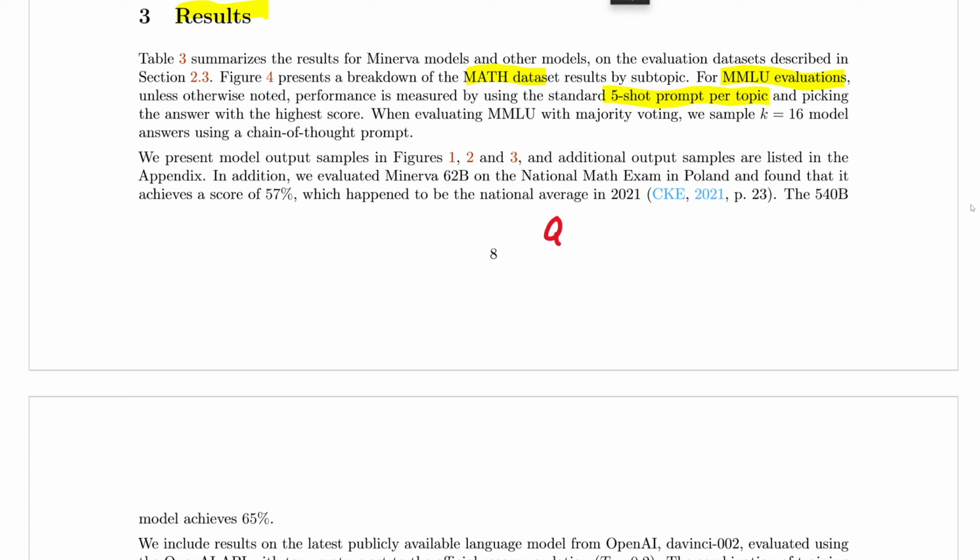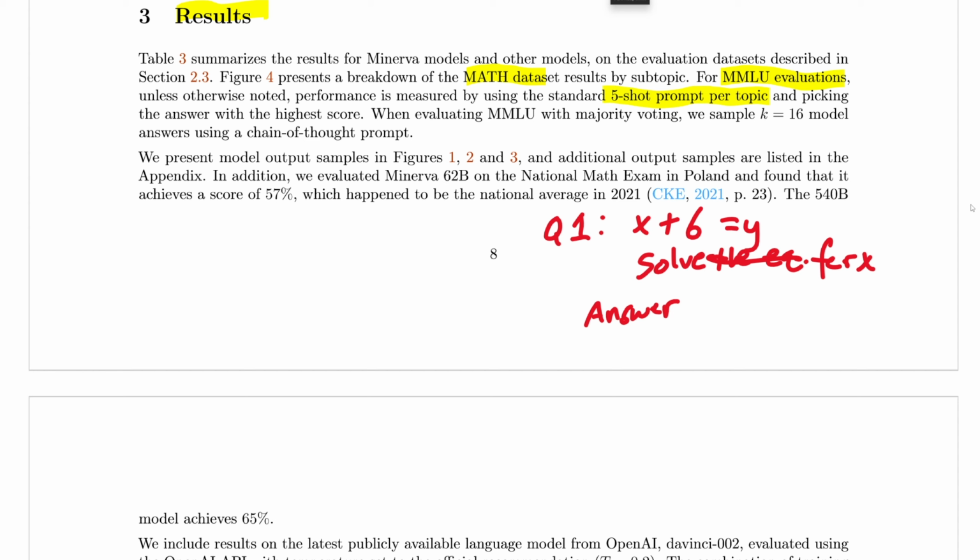It will be Q1, and part of Q1 will be, say, if x plus 6 equals y, solve the equation or something like that, right? And then there will be an answer. So I guess this doesn't actually have an answer, so maybe the question would be solve for x. And then we would get x equals y minus 6, and that would be the answer.